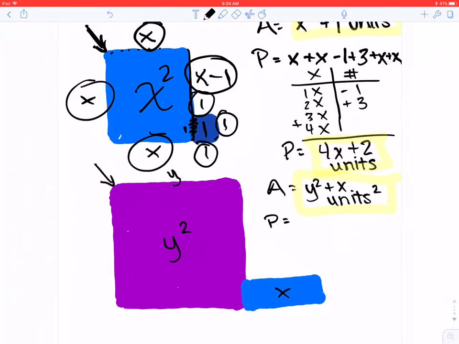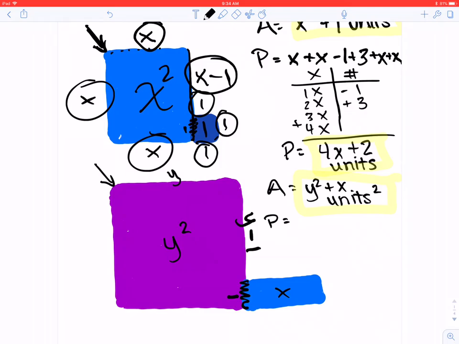I have a y because I know that the y tile fits up exactly. I have y, except for this is not just y. Let's write it this way so it doesn't get lost. It's being taken up by this side right here. And on the x tile, we know that side is 1 unit. So this is really y minus 1.